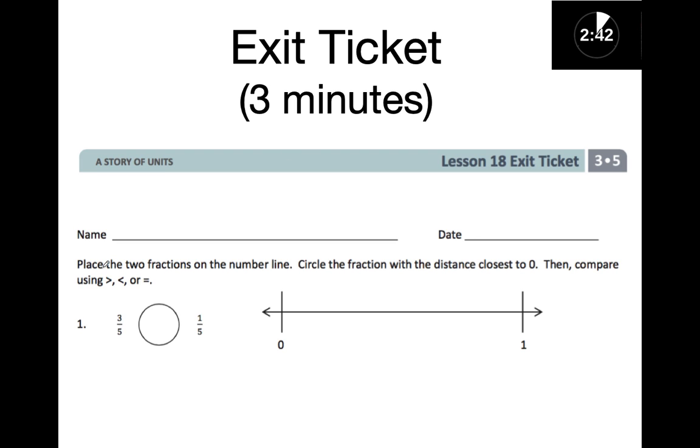So we're going to read this prompt. This is something you will see on your homework, and it says to place the two fractions on a number line. Circle the fraction with the distance closest to 0, then compare using greater than, less than, or equal to.